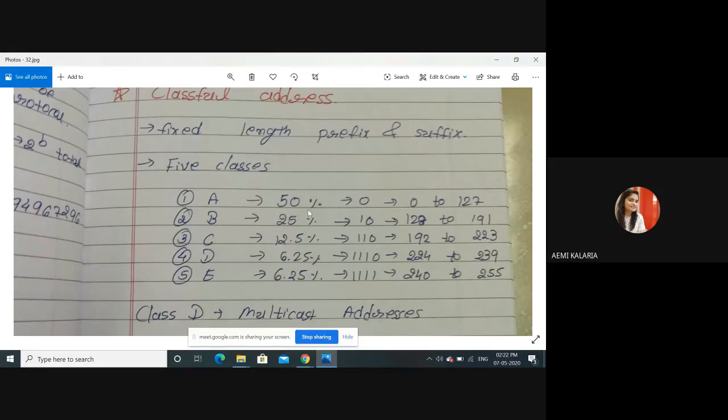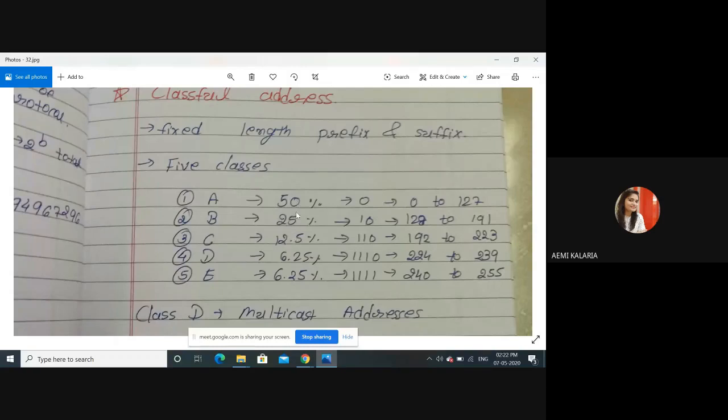If you observe carefully, A is the biggest class, then B is smaller than it, then smaller. While D and E are of the same size: 6.25% each.